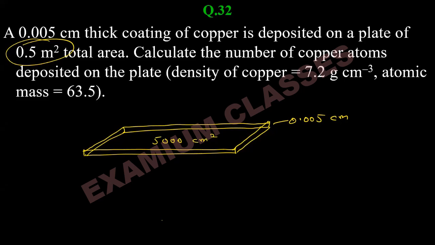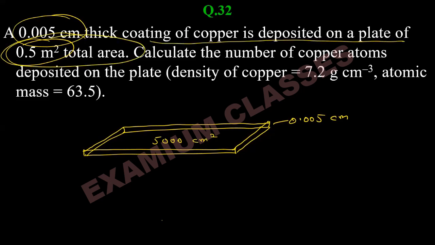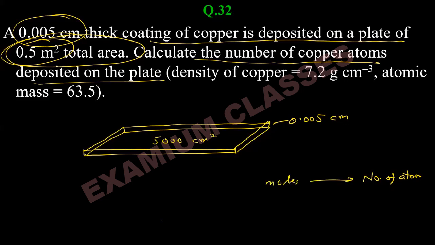Now you can calculate the volume. First understand the question if you have not gone through the assignment. It says that a 0.005 thick coating of copper is deposited on a plate of this area. Calculate the number of copper atoms deposited on the plate. The number of atoms can come from the number of moles, and the number of moles can be from mass.